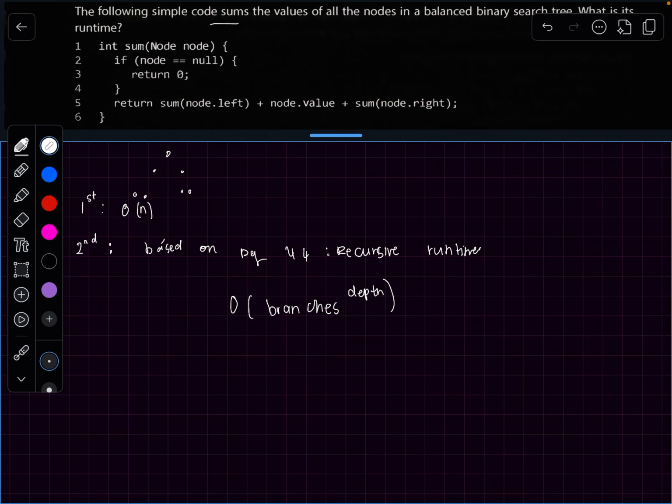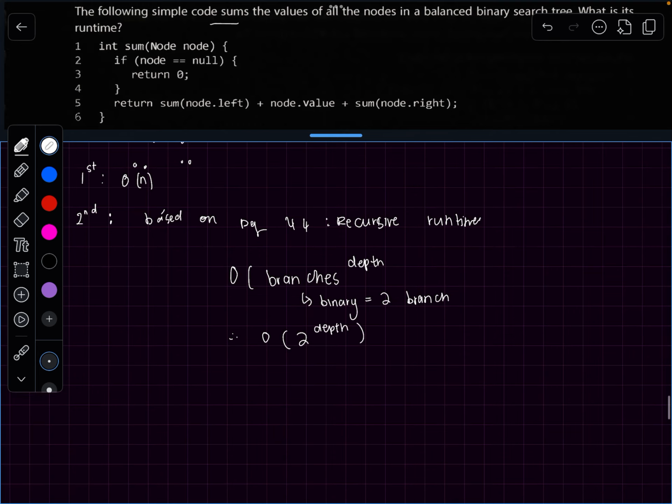Now, we know that it's a binary tree, so in this example it has 2 branches. Therefore, we have O(2^depth).